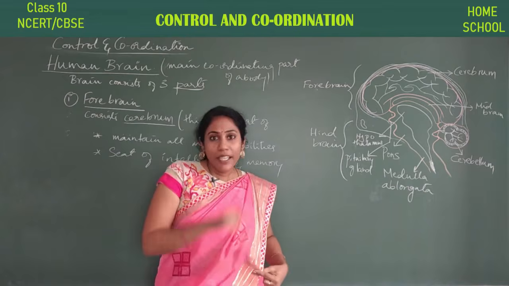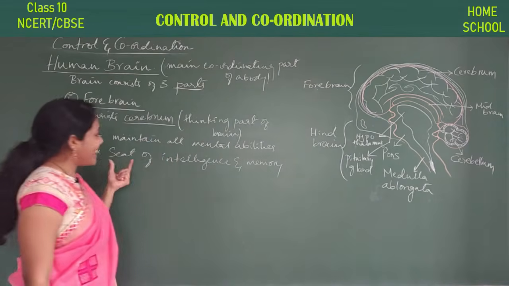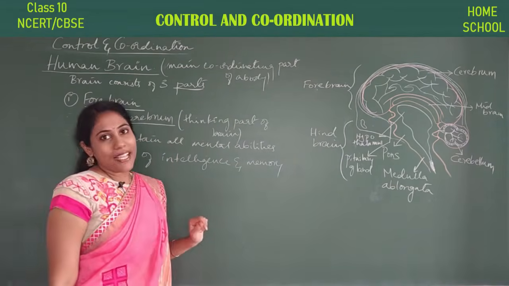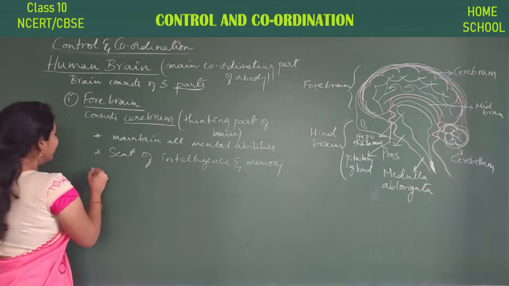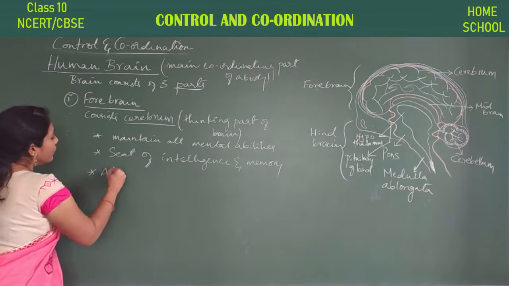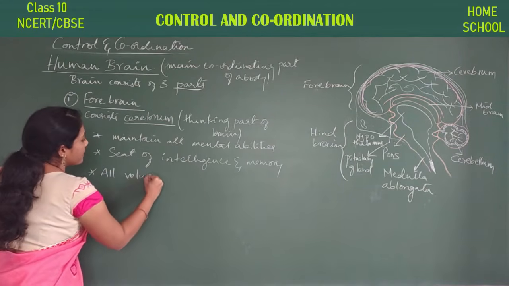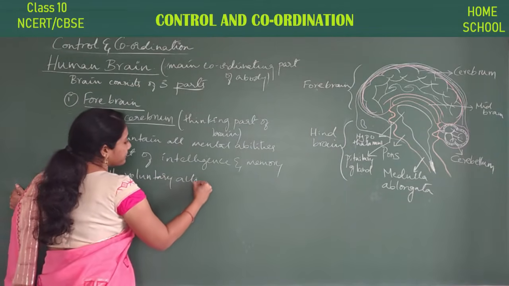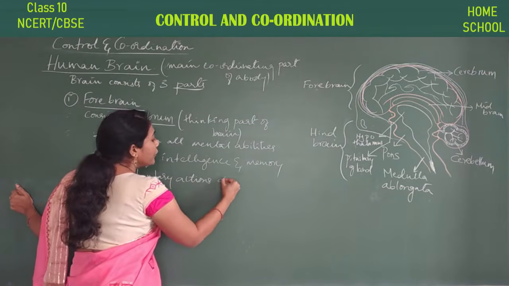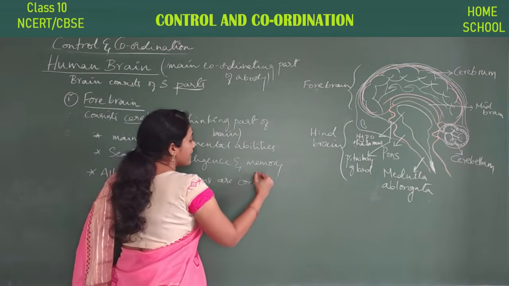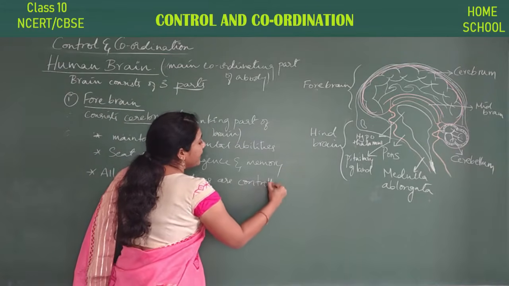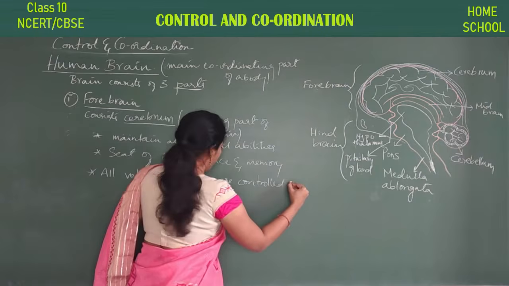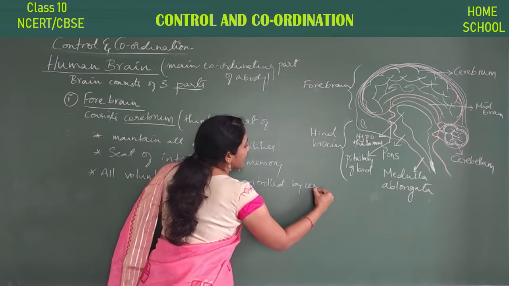So the cerebrum is the seat of intelligence and memory. Clear? And all voluntary actions are controlled by the cerebrum.